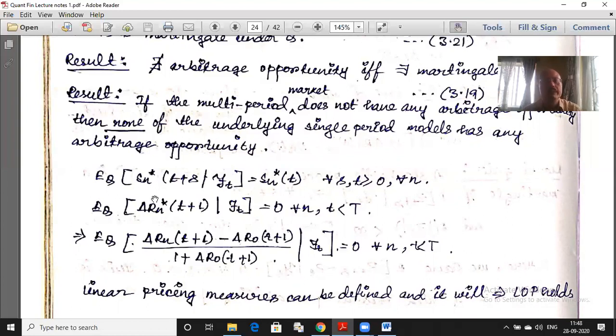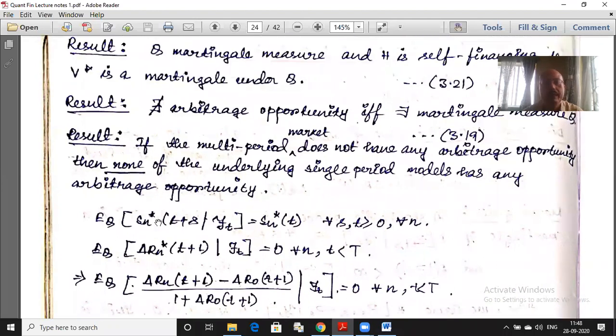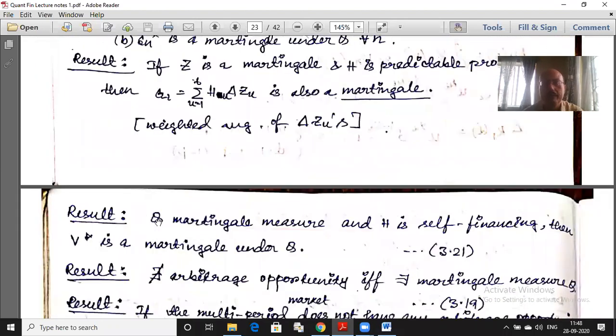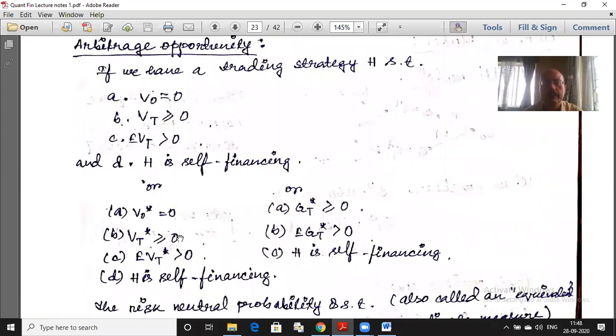I can also use this in my discounted return formula, and show that delta Rn star has the same property. So delta Rn star at T plus 1, conditioning on Ft, will be 0. Remember, delta Rn star is not actually return, it is actually risk premium.